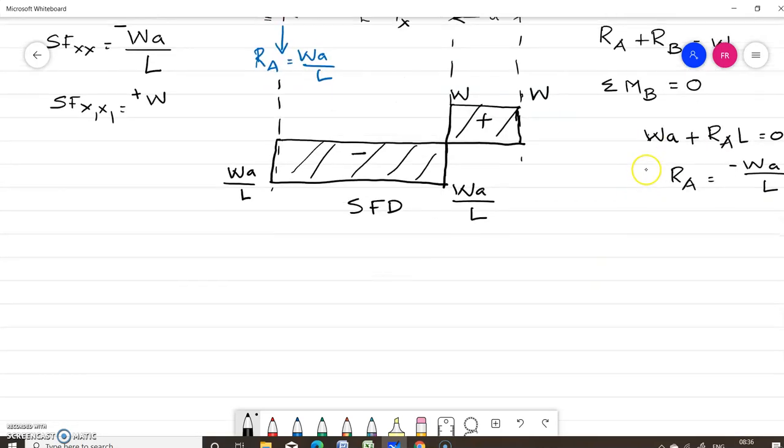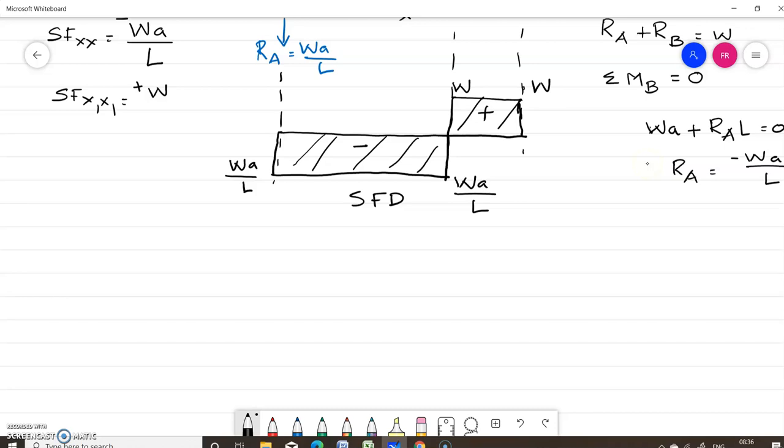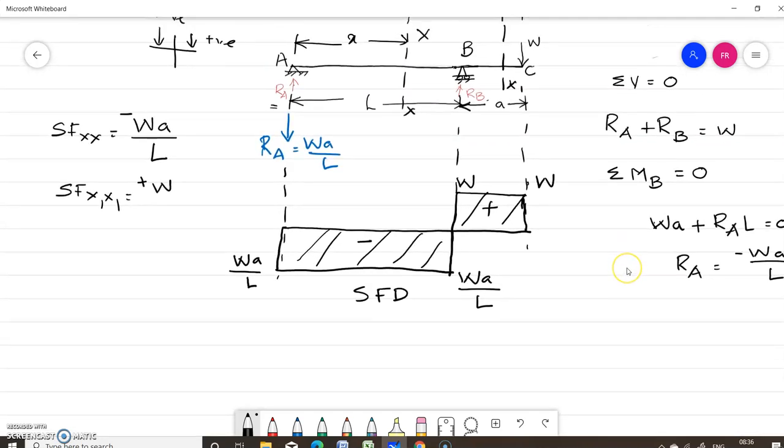Now let us see how to draw the bending moment diagram. In order to draw the bending moment diagram, you have to write what is the bending moment at the section XX. Bending moment at XX at a distance small x from the left support is equal to, here the sign convention is left clockwise is positive.